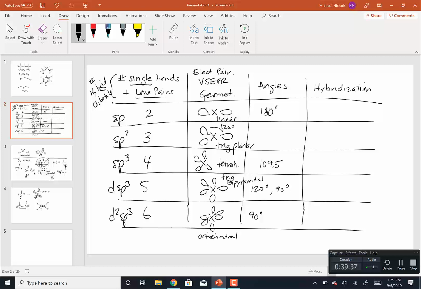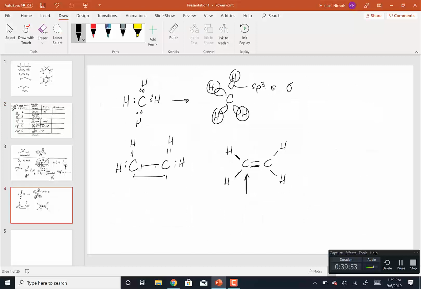At least I didn't make it there this morning, but I came pretty close, so we'll finish it up on Monday, because we'll talk about how you get to the expanded octets. But the number of hybrid orbitals equals the number of single bonds plus lone pairs. So we can work this whole process backwards. I can look at the carbon in the double bond and ask, what's its hybridization? And you would say sp2.